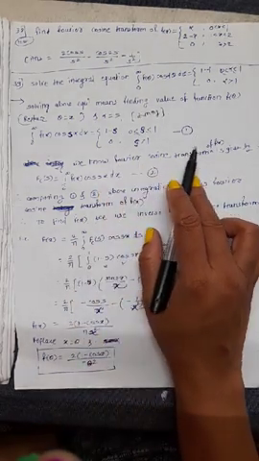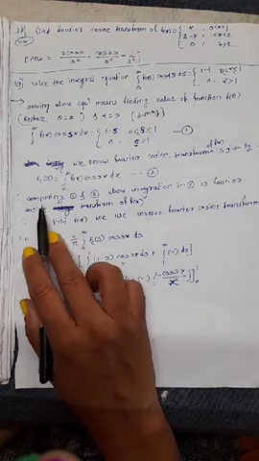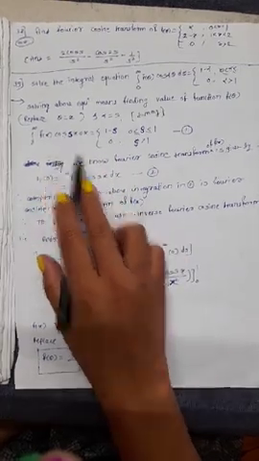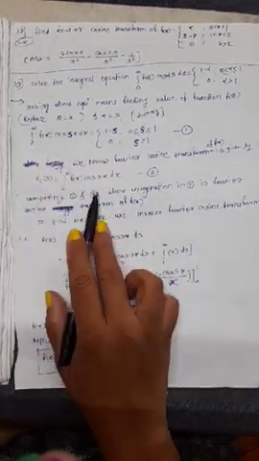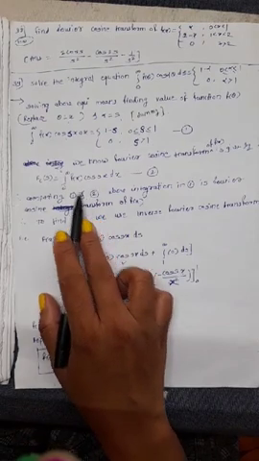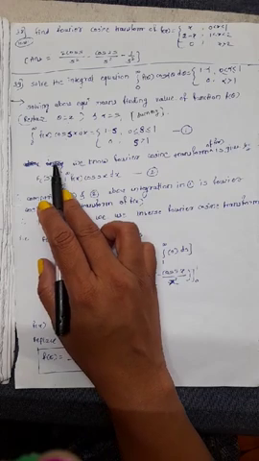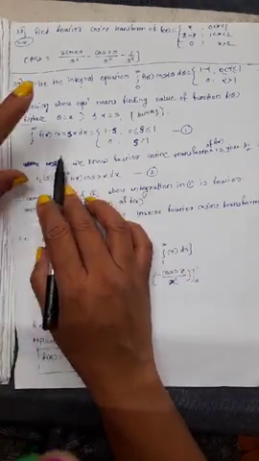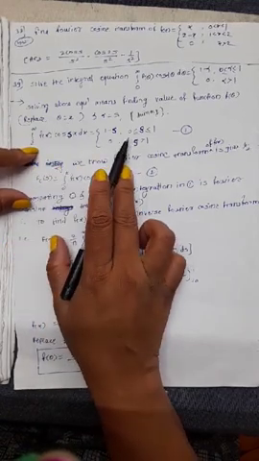Now comparing 1 and 2, the integration in 1 is nothing but the Fourier cosine transform of the function. We don't need to calculate the Fourier cosine transform, because it is already given and its value is this.